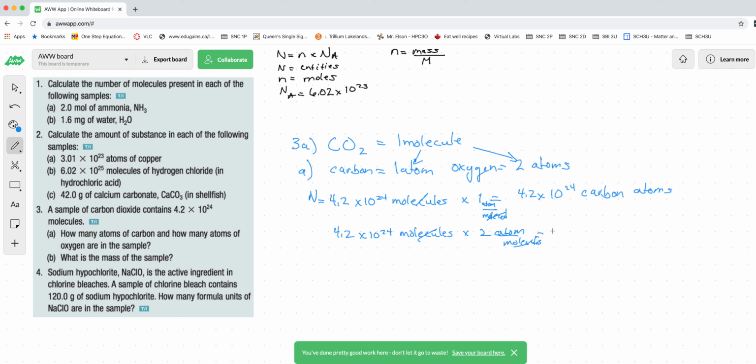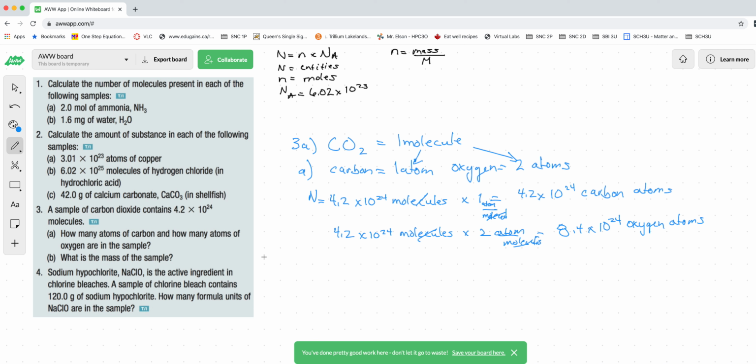Guess I could have done that in my head as well. 8.4 times 10 to the 24 oxygen atoms in the sample. Now, if I wanted to get the total atoms in the sample, it doesn't ask you for that. You would have to add that amount together to get the total atoms.